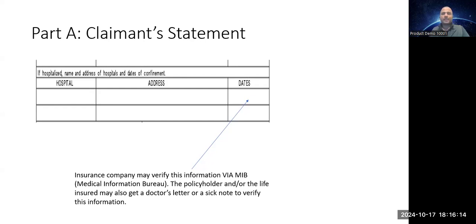For privacy and other reasons, this information is sent as a code to your insurance company. So if your insurance company requests any kind of MIB record, it will be sent as a code rather than the complete information, for privacy reasons.